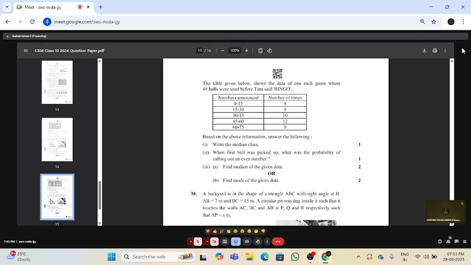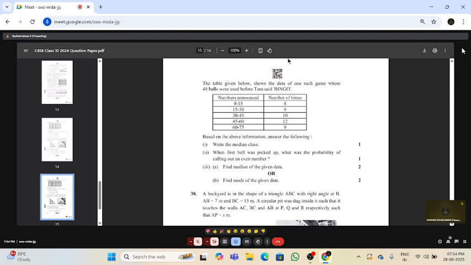So you announce numbers some 48 times, because after 48 numbers were announced, the game ended in one such game. If a particular person has got all his numbers cancelled out, then he wins. In this game, 48 numbers were drawn, and they fell in these ranges. 0 to 15 came 8 times, 15 to 30 came 9 times, 30 to 45 came 10 times, 45 to 60, 12 times, 60 to 75, 9 times.